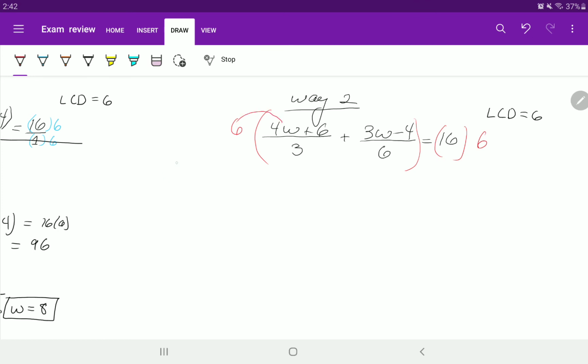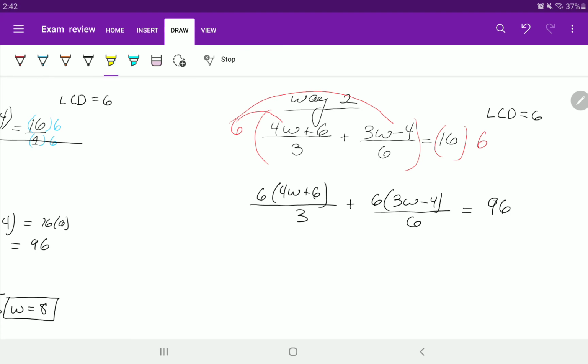Multiply 6 to the first fraction, multiply 6 to the second fraction. When we do that, we have 6 times (4w plus 6) divided by 3 plus 6 times (3w minus 4) divided by 6 equals 16 times 6, which is 96.